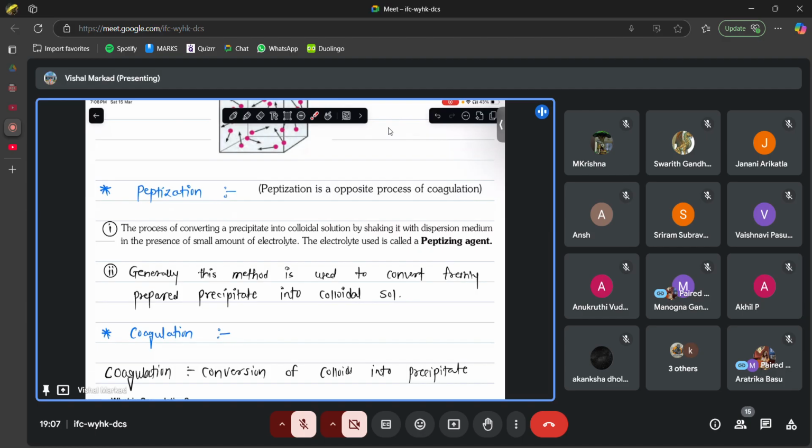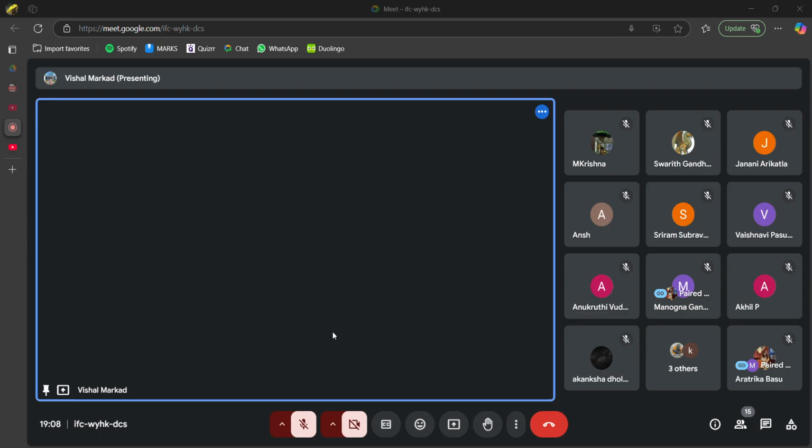To carry out this process, we use an electrolyte. That electrolyte is called the peptizing agent. So the electrolyte which is used to carry out the process of peptidization is called a peptizing agent. Clear?